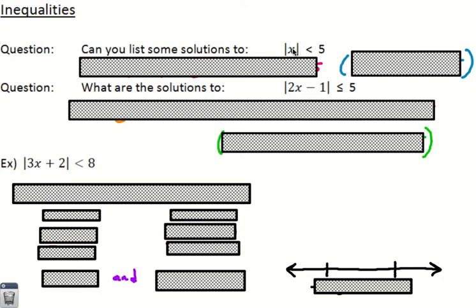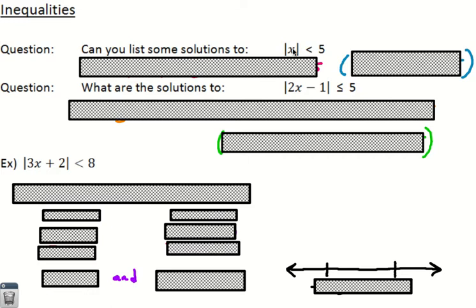And you might be thinking, well, the absolute value of 4 is less than 5. The absolute value of 0 is less than 5. The absolute value of 3 is less than 5. But what about the absolute value of negative 4? Isn't that also less than 5 once you take the absolute value?